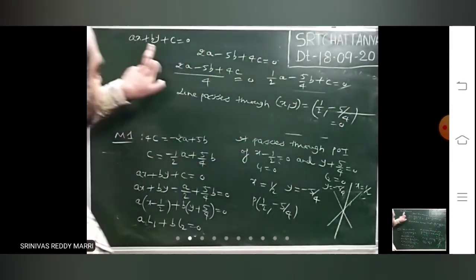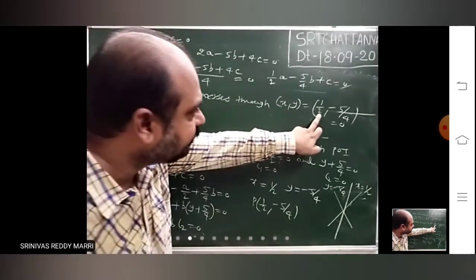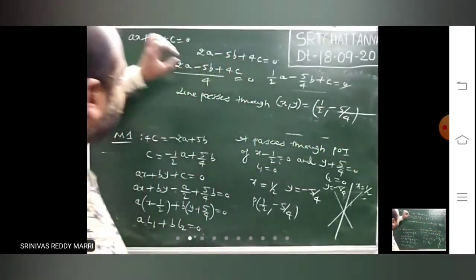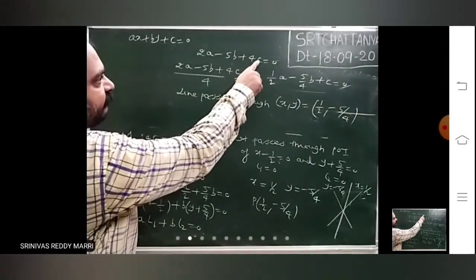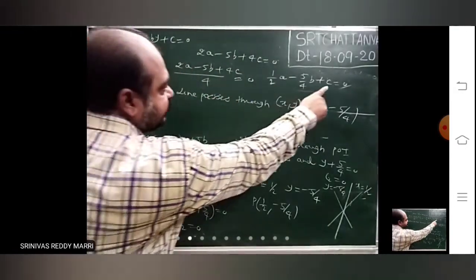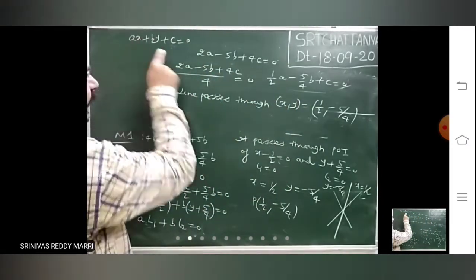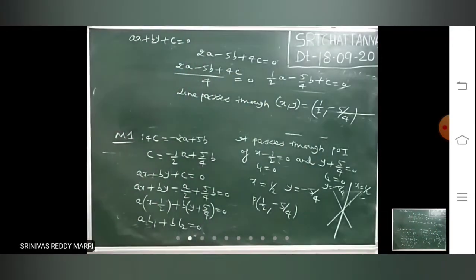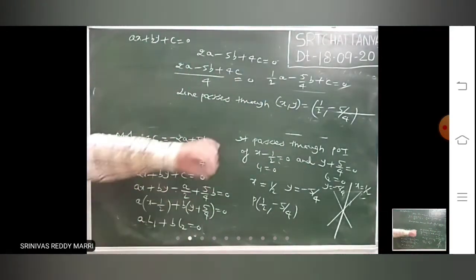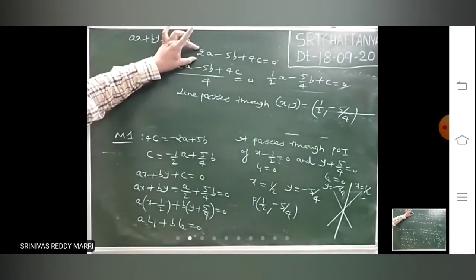If you substitute this, a into 1 by 2 plus b into minus 5 by 4 plus c. That means if the line passes through this point, then only you will get this condition. Make the constant the same, whatever it is. C is here, divide by 4. Before a, x is 1 by 2; before b, y is minus 5 by 4.